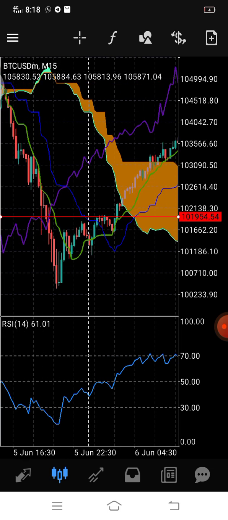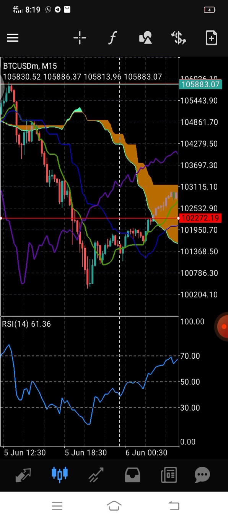So in this particular screen you are seeing currently, the conversion line, which is the green line, just crossed the baseline, as you can see. But the market is not above the crowd, even though the conversion line has crossed the baseline.